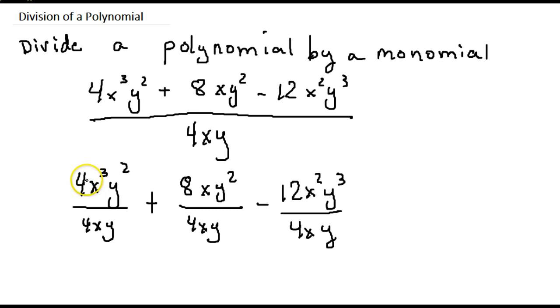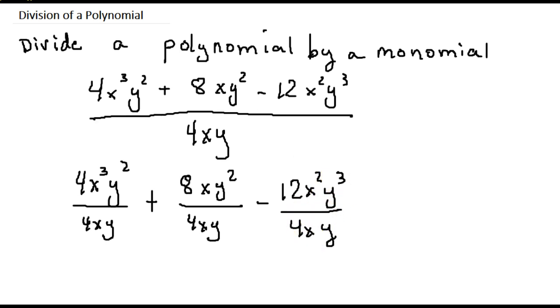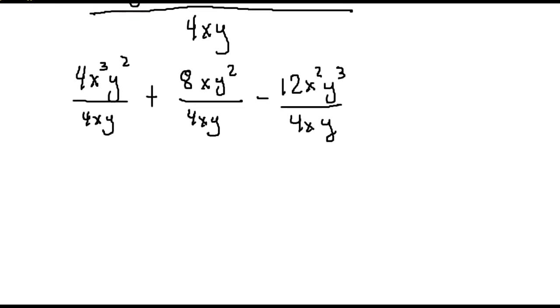So we now have open fraction 4x cubed y squared over 4xy, close fraction, plus, looking at our second term, we have 8xy squared over 4xy, close fraction, minus, open fraction, 12x squared y cubed over 4xy. So now we have 3 more manageable things to divide. We have a monomial divided by a monomial, and then we'll put it back together.